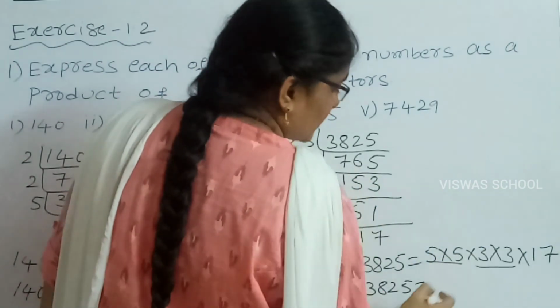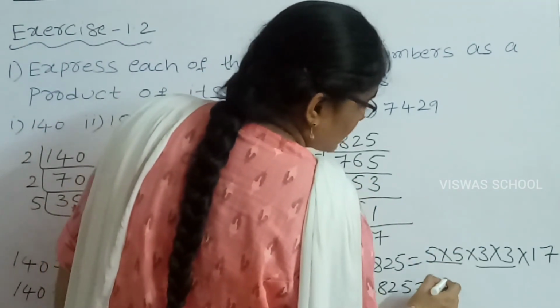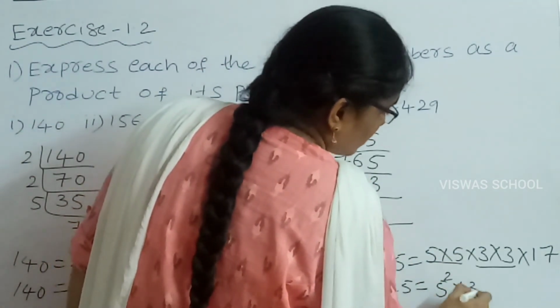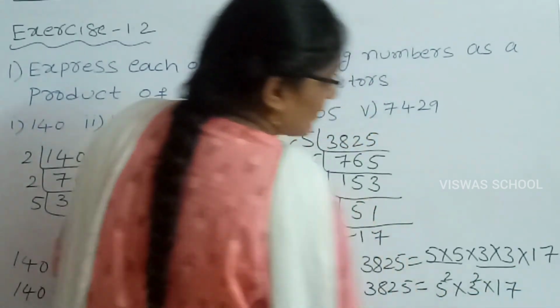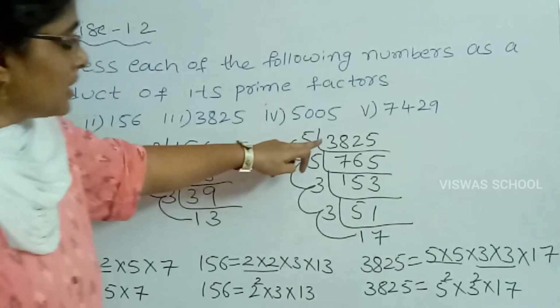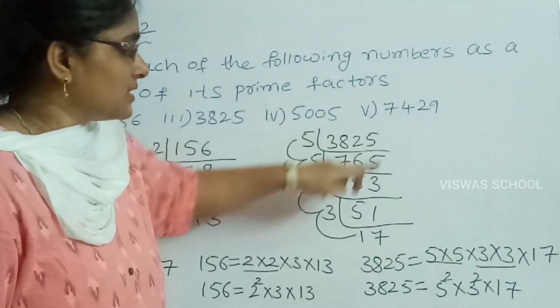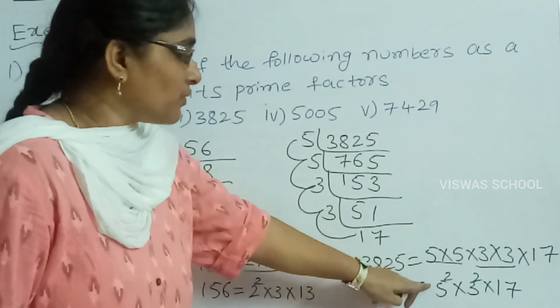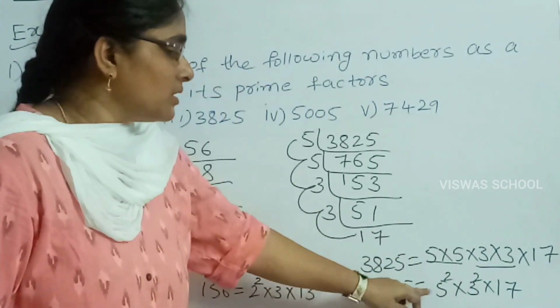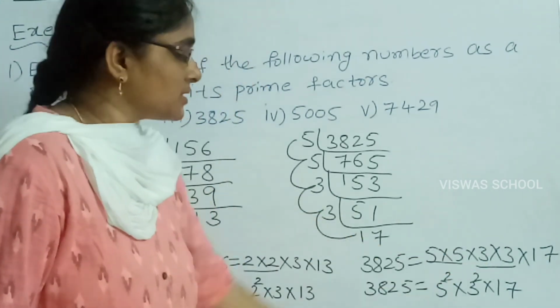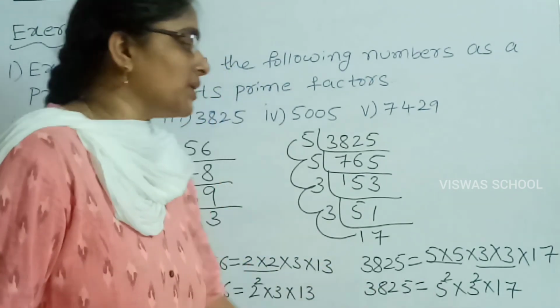This is 17. That is 5 square into 3 square into 17. This 3825 is expressed as 5 square, 3 square and 17. These three are prime numbers. That is a product of prime numbers.